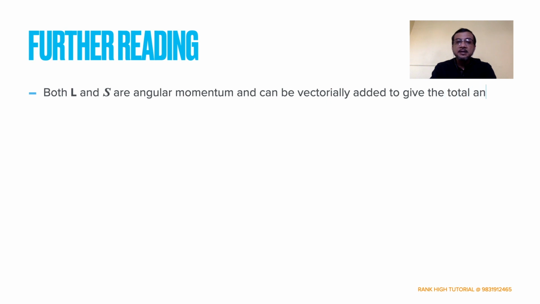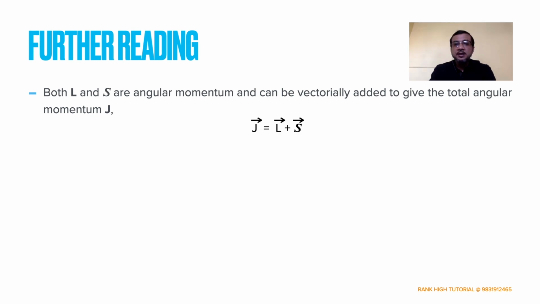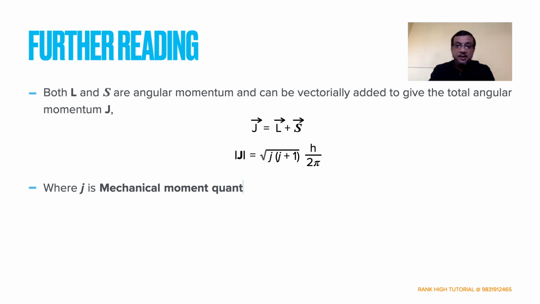That is, we can write j vector equal to vector L plus vector S. We can also write the modulus of total angular momentum j equal to square root of small j into small j plus 1 into h by 2 pi, where j is the mechanical moment quantum number with values L minus S where L is greater than S, and S minus L where L is less than S.